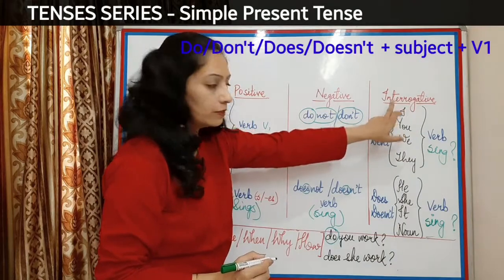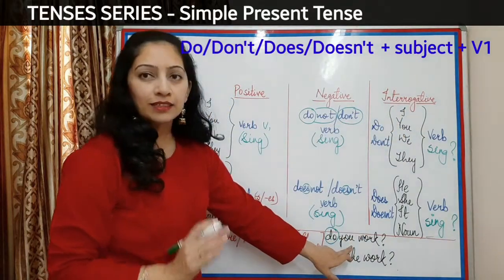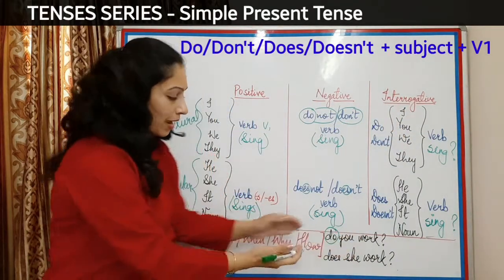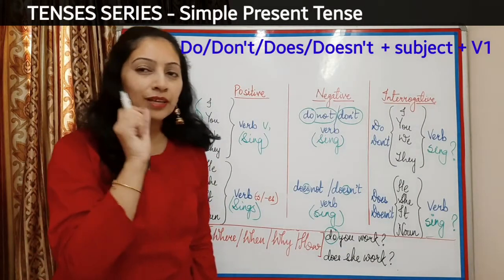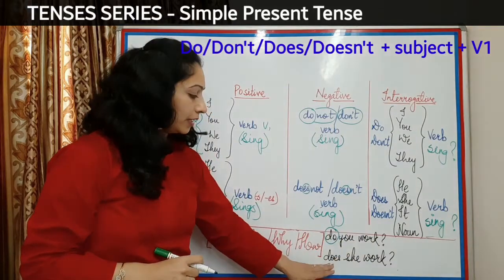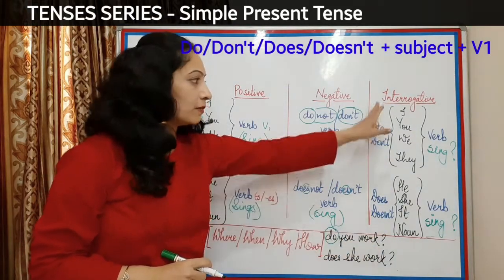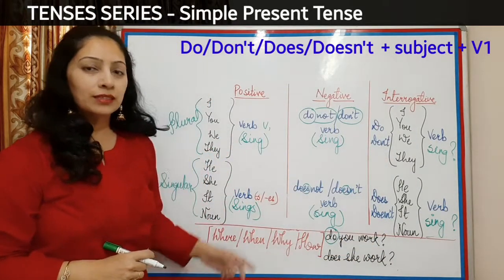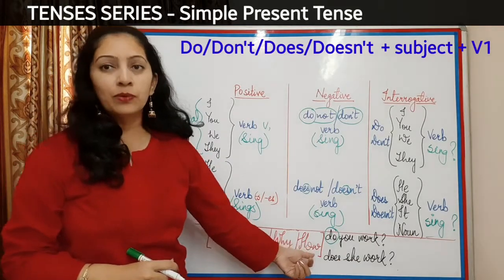Now this interrogative form has come here as it is. You just have to add that question word at the beginning of the sentence. Like, do you work or does she work? The same concept of the interrogative, but the beginning will be with the new question word.